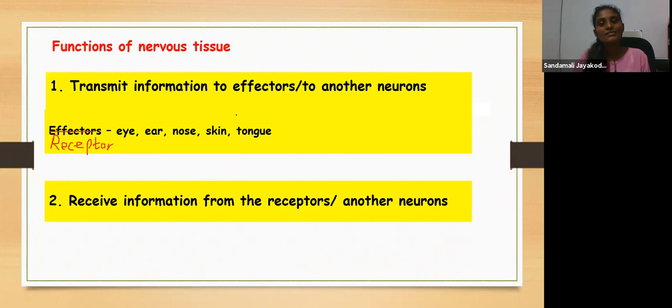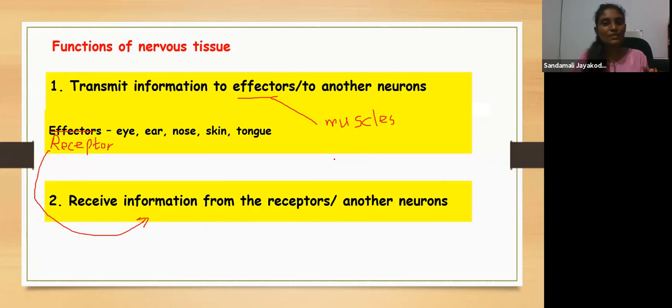And then sometimes they are transmitted from the nervous system to an effector. So mostly these are the receptors in this part. Effectors are our muscles. Our muscles act as effectors.